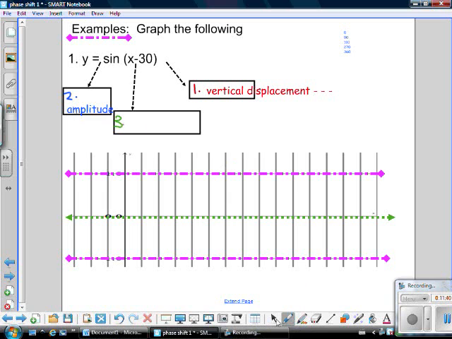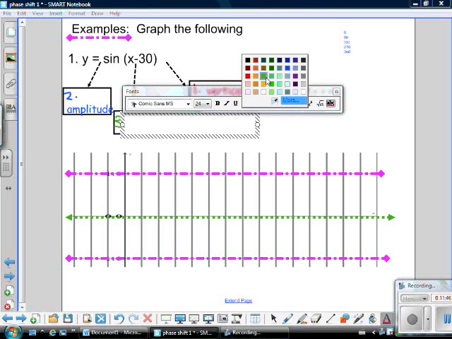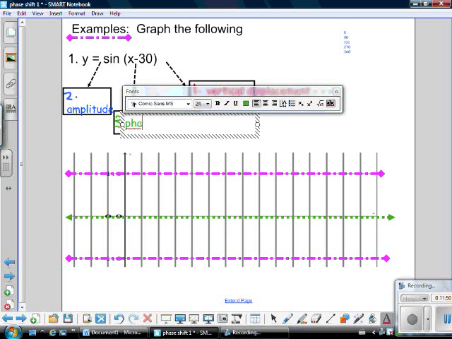So this is our phase shift, and in this case we're moving to the right 30 degrees.